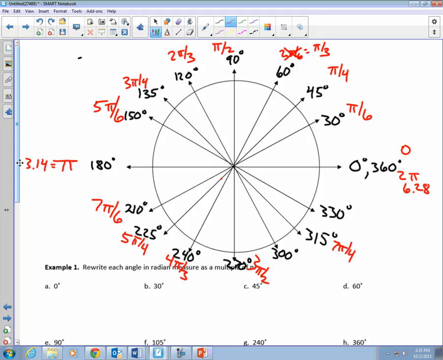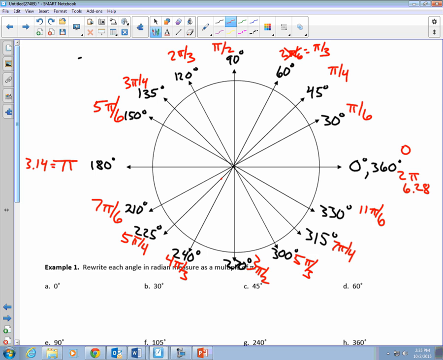After 9 pi over 6, 10 pi over 6. What does 10 pi over 6 reduce to? 5 pi over 3. Then 11 pi over 6. And after 11 pi over 6, 12 pi over 6, which is the same as 2 pi.